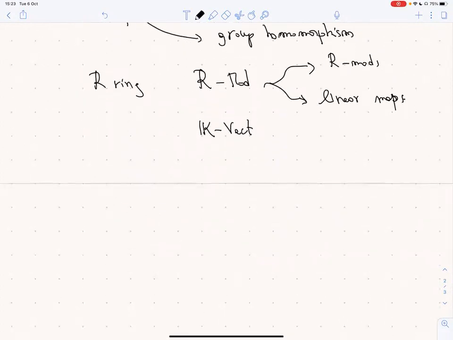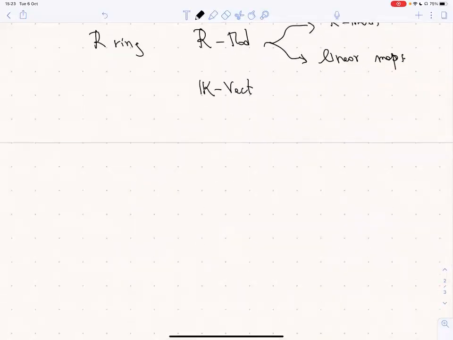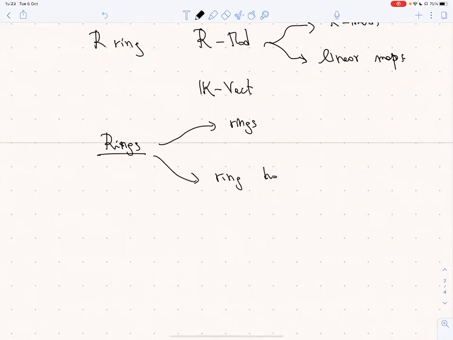Then let me close with two examples which I really like. Let me close this first batch of examples. So we have also Rings. So this is the category whose objects are rings. And then we have ring homomorphisms. And observe that it doesn't matter what I mean by ring.